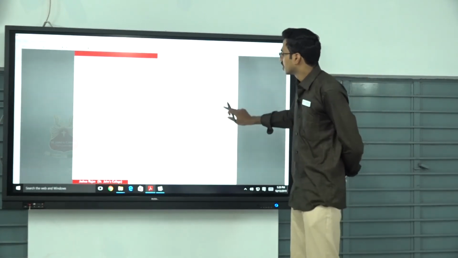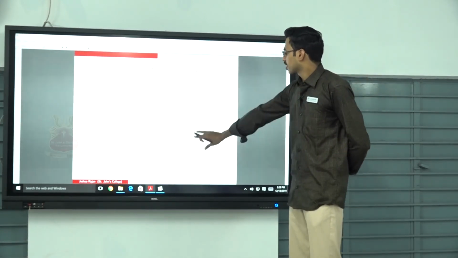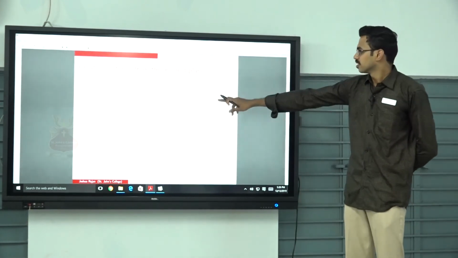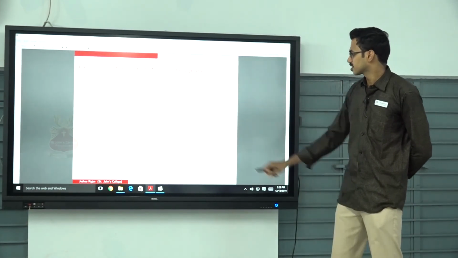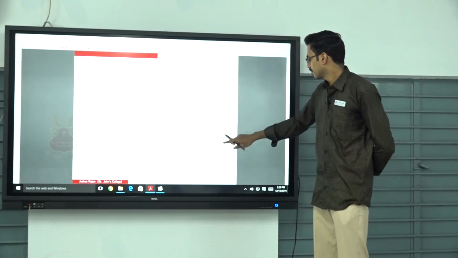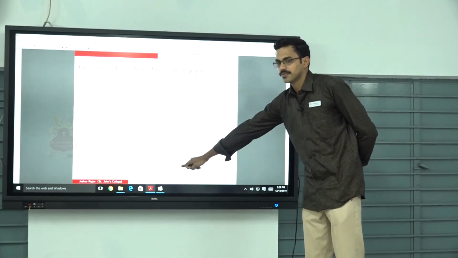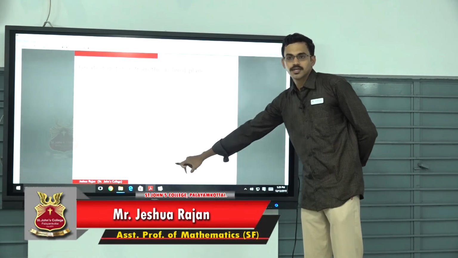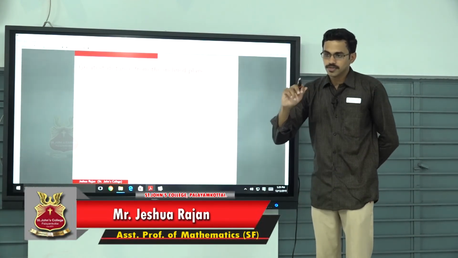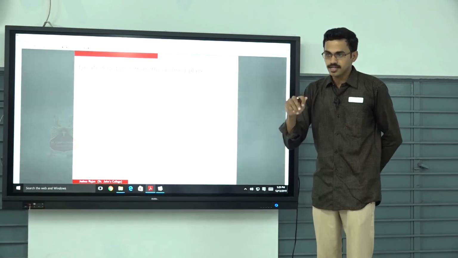Okay. Next, we conclude two ideas. The greatest distance of a projectile is this, from this equation, and at that point we get the time. Okay, so we get the time.